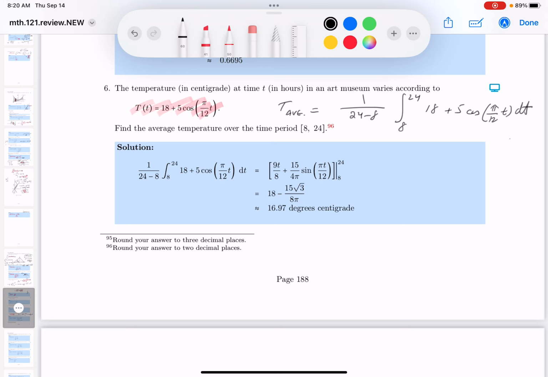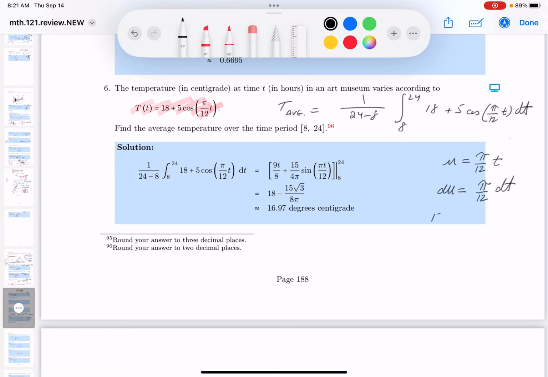One thing I would recommend here is that the cosine of pi over 12 t is a little bit complicated. So I'm going to do a u substitution. I'm going to say u equals pi over 12 t, and du would be pi over 12 dt.